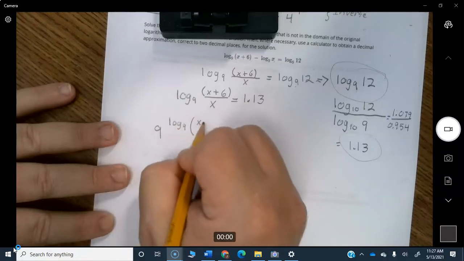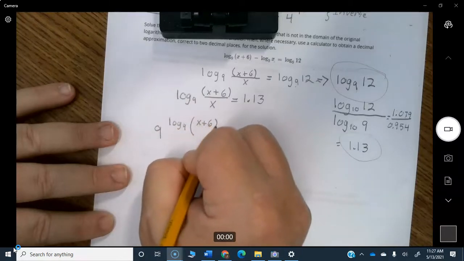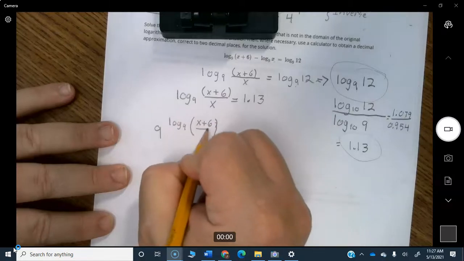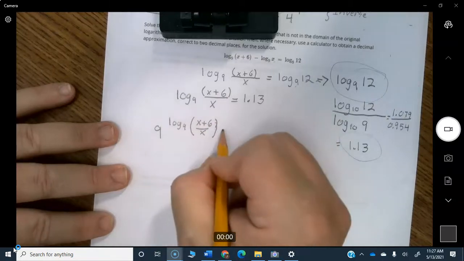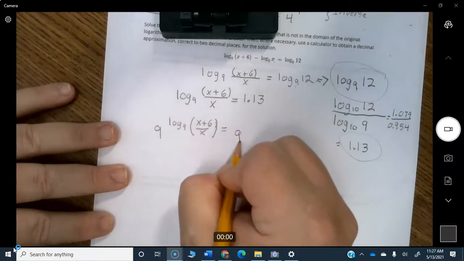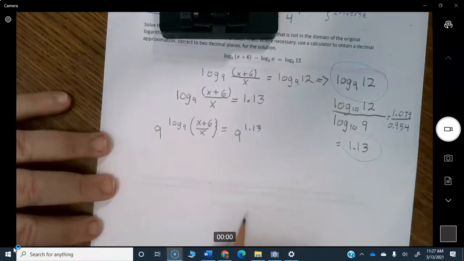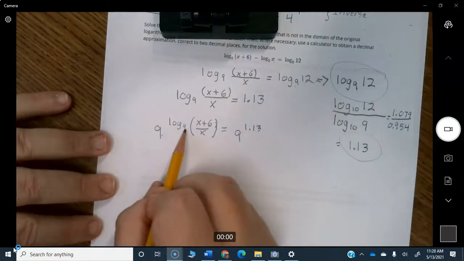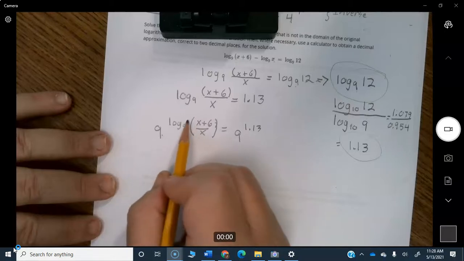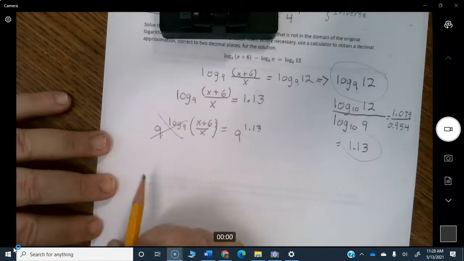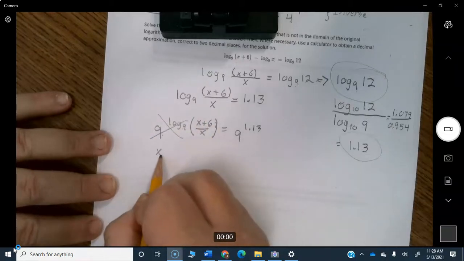I'll go ahead and just put these all in the same parentheses. I can do that. Okay, so again, base 9 here and base 9 there inside the log, they cancel out. Those two cancel out, so you just end up with this.